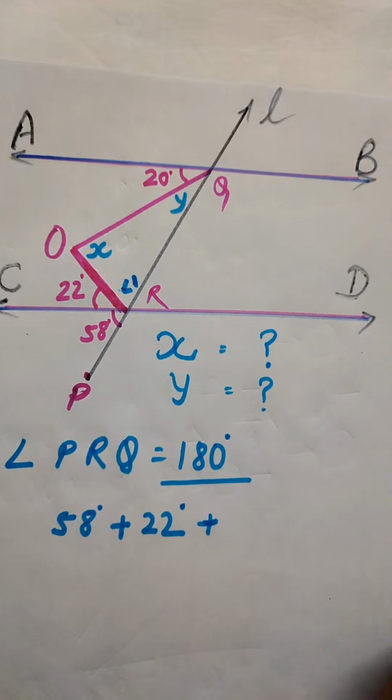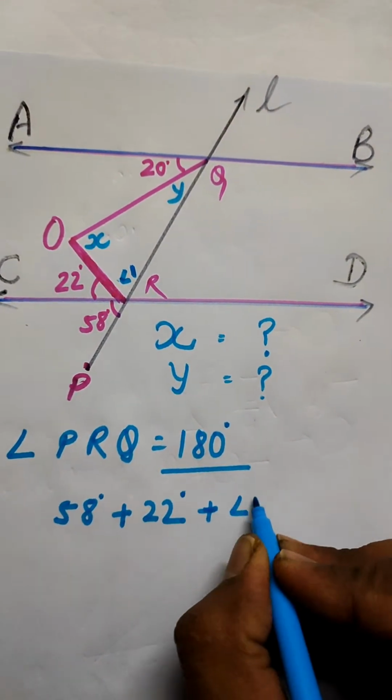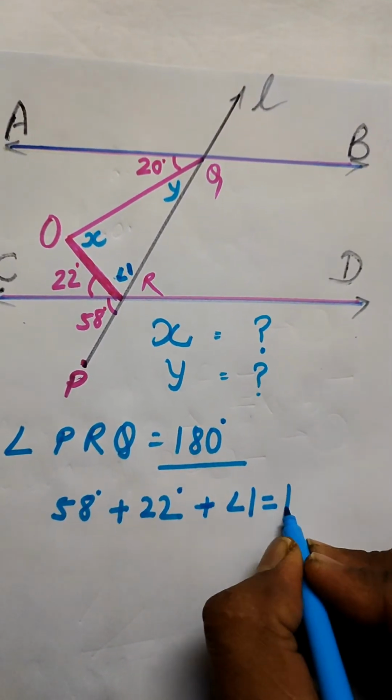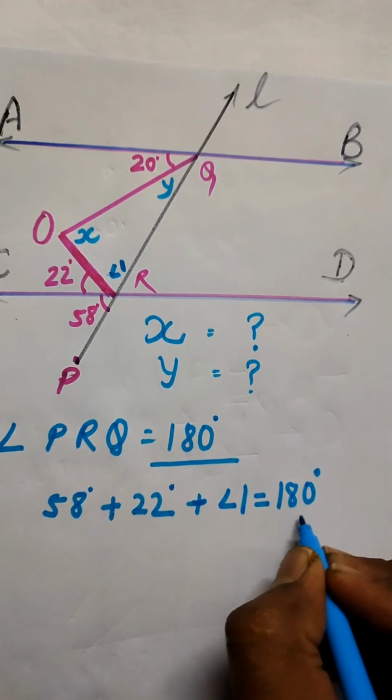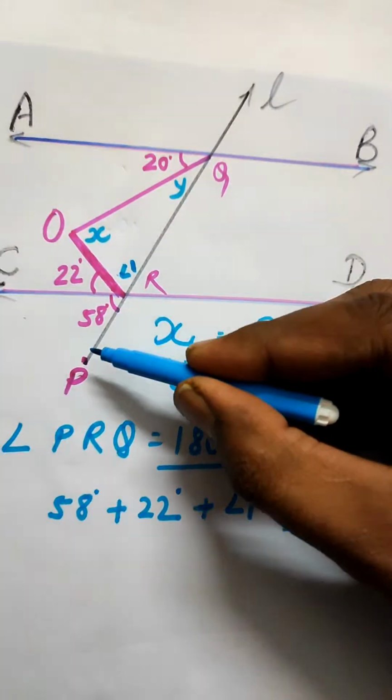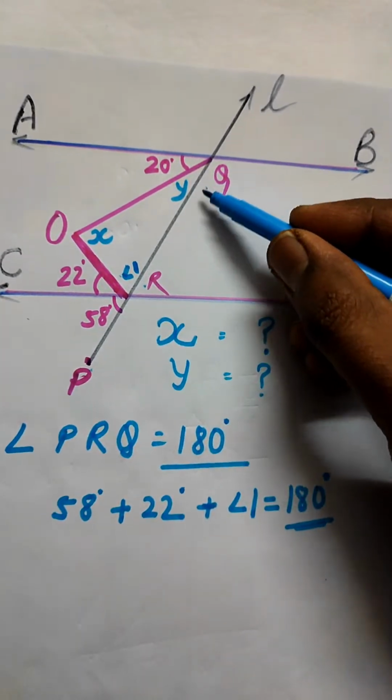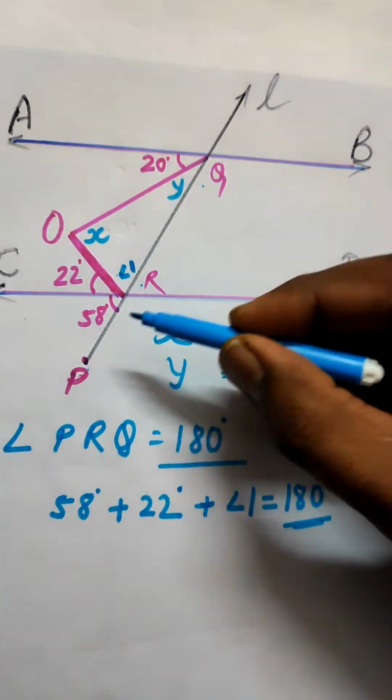All these three will add up to 180 degrees since it's linear, because you can see PRQ is a straight line, right?